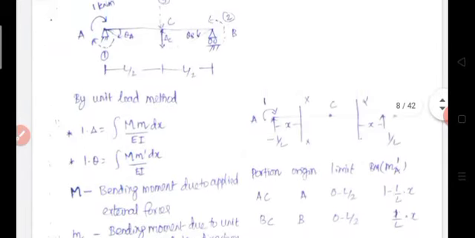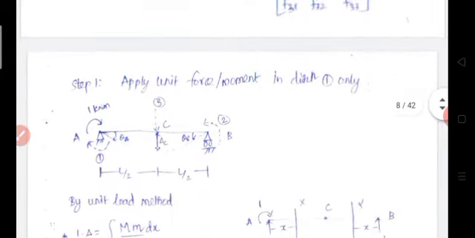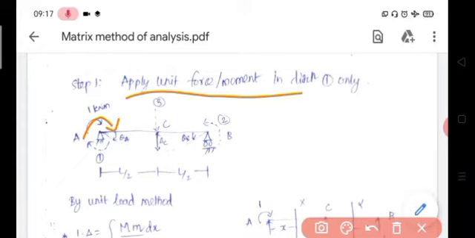First we develop the first column of the square flexibility matrix, so we apply unit moment in the coordinate 1 direction only.